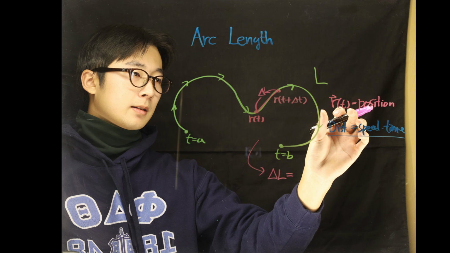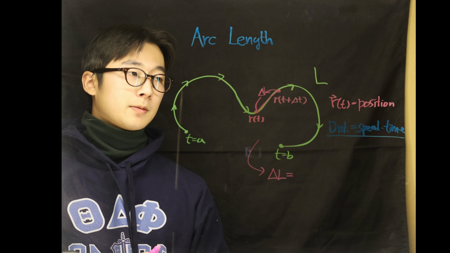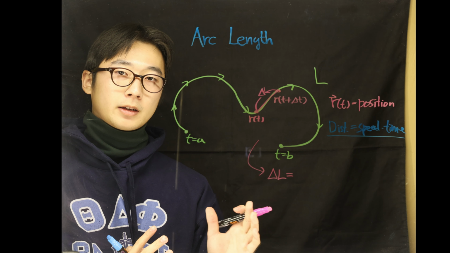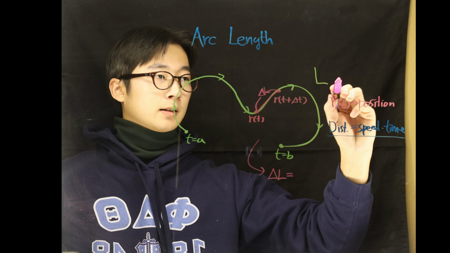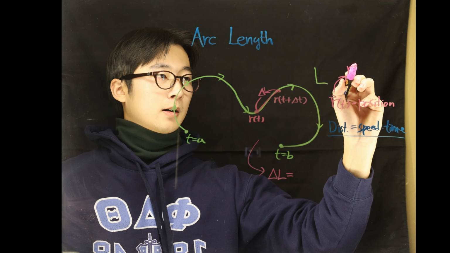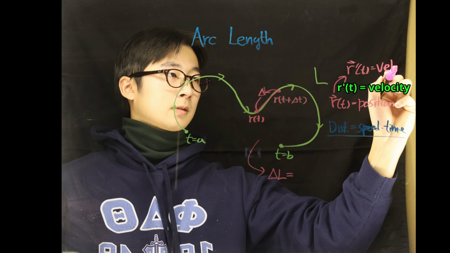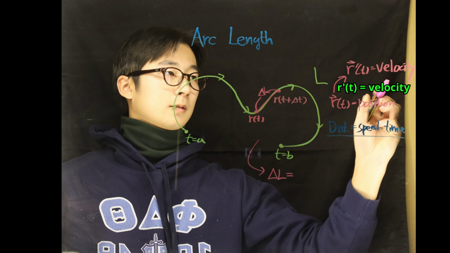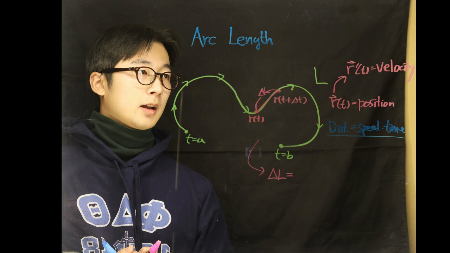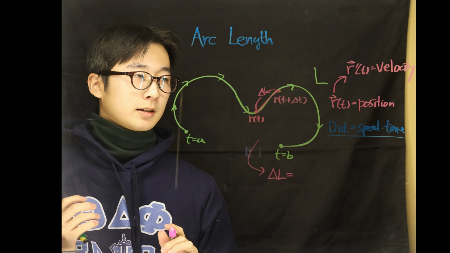Since it's a position vector, that means we can find the velocity using derivatives. So this means r prime of t is velocity.